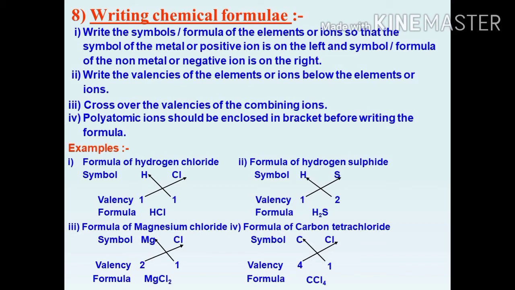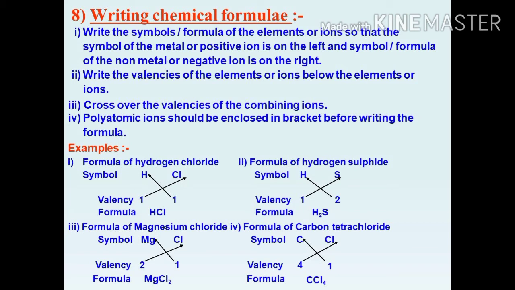For the first step of writing the chemical formula, write the symbol of the elements or ions, so that the symbol of the metal or positive ion is on the left and the symbol of the non-metal or negative ion is on the right. Write the valencies of the elements or ions below them. See some examples.